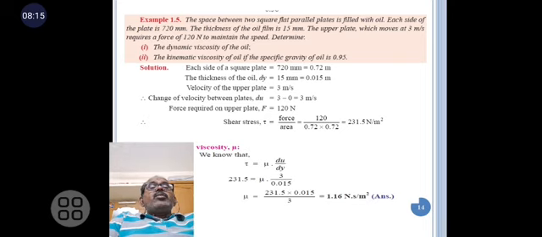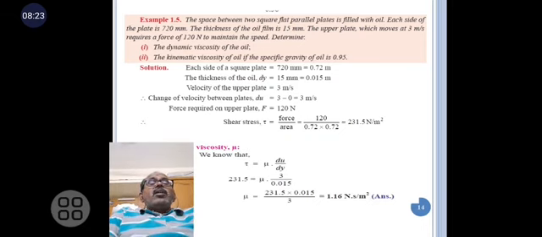All the values are given. So tau is equal to mu into du by dy. Here, first you should calculate the velocity, that is pi d n by 60, where N value is given. Next we need to calculate mu. So tau is equal to force by area. Force is given, 120 Newton.